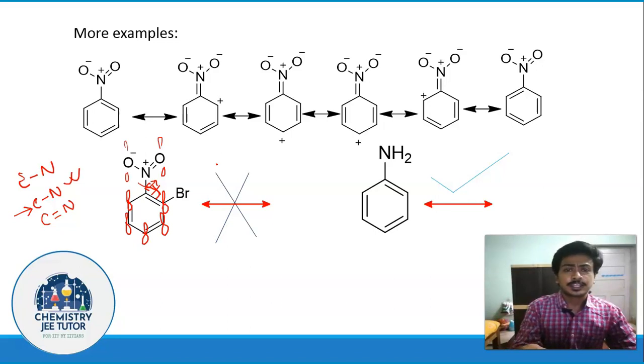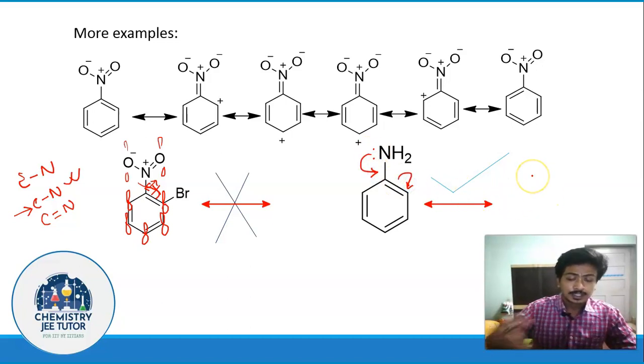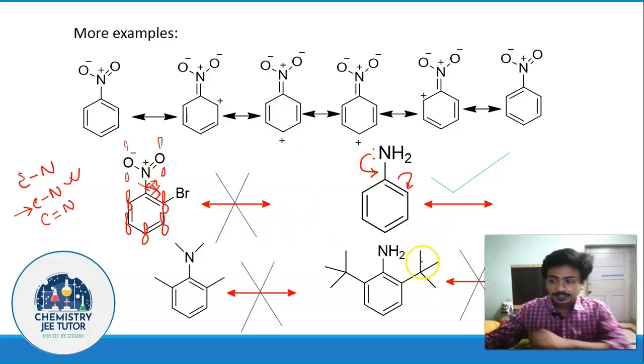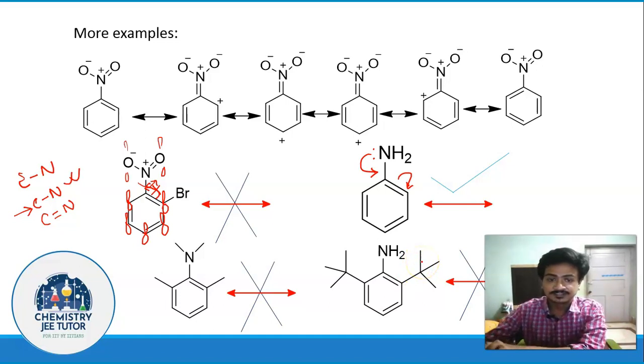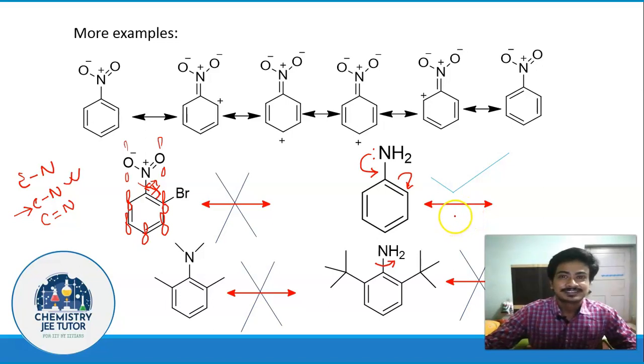In this case of aniline, we have studied earlier that yes, resonance can happen. Resonance actually happens like this and so on. But in these two cases, if you substitute this bulky group in the ortho positions, you can understand pretty well that these bulky groups are going to again turn this like this, and resonance is not going to happen because the involved orbitals in this case as well are not in parallel planes.